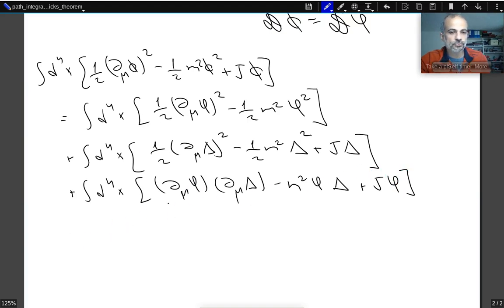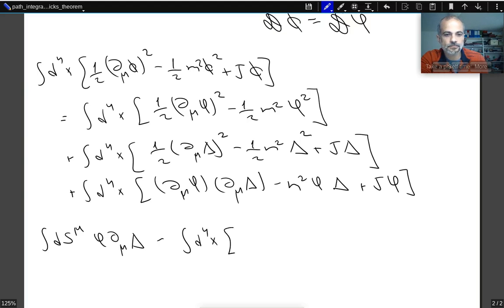Now let me try to do an integration by parts in the first term. So I won't have the derivative of phi. I will move this derivative to delta. So if I do an integration by parts in the last line, then that term becomes some four-dimensional surface integral of phi del mu delta minus d4x phi. Well, phi is now common in all of the terms. Let me take out the phi also: del mu del mu delta plus m squared delta minus j.